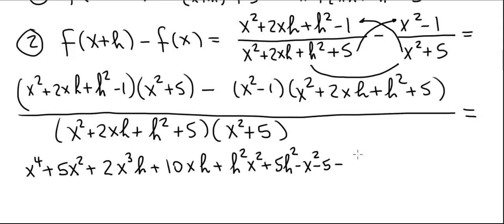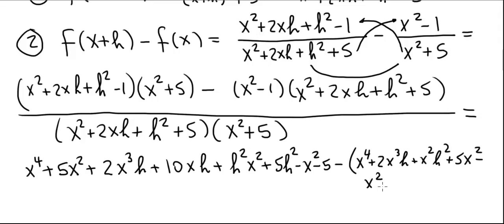And then minus, we'll do the same thing, x squared times x squared is x to the 4th. Make sure you put that in parentheses. And x squared times 2xh is 2x cubed h, and plus x squared h squared plus 5x squared, and then minus x squared minus 2xh minus h squared and minus 5.